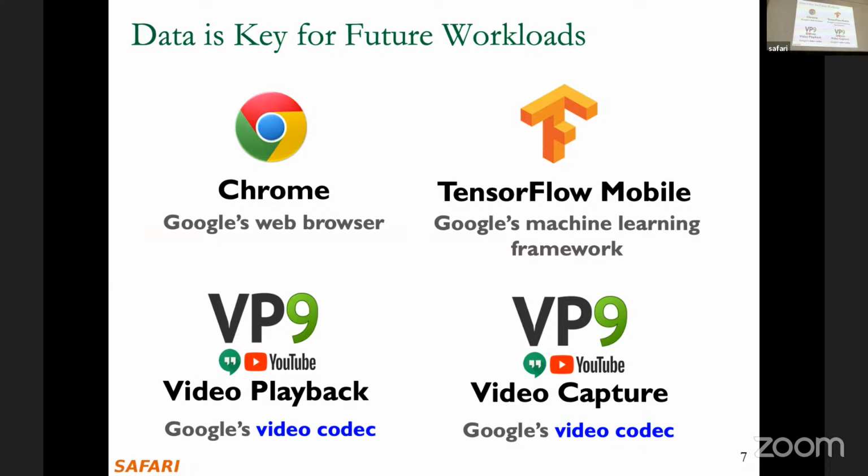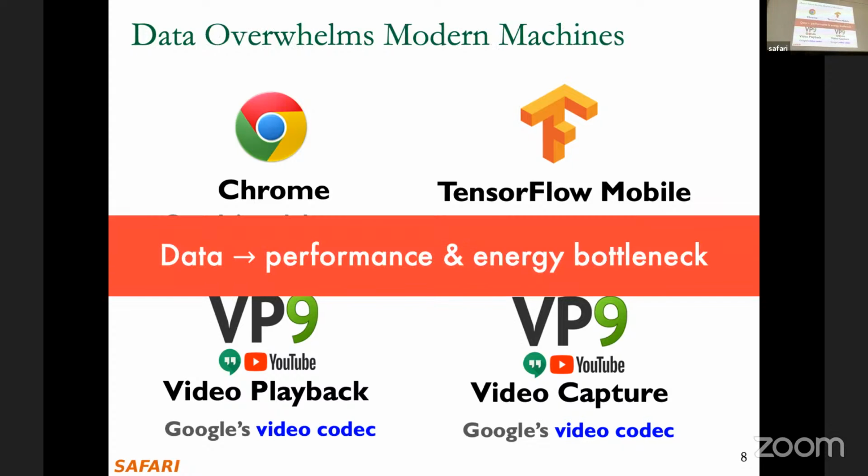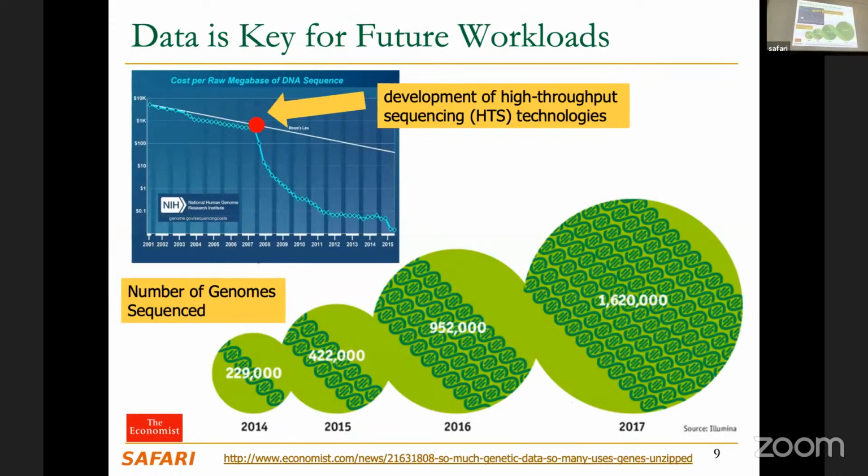Here we have Chrome, TensorFlow, YouTube video playback and video capturing. And even though all of those applications were running on edge devices, for example, on your phone, not in data centers, still the data was key in limiting performance and energy efficiency for those mobile applications.